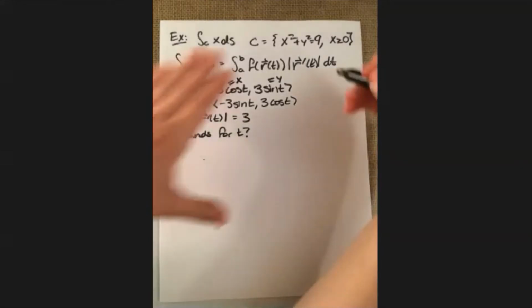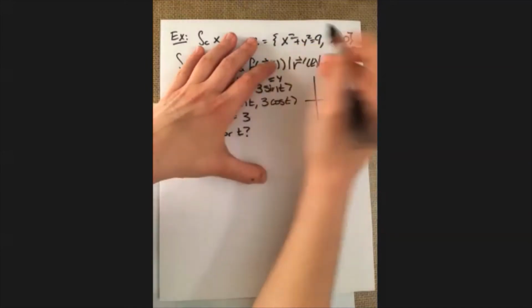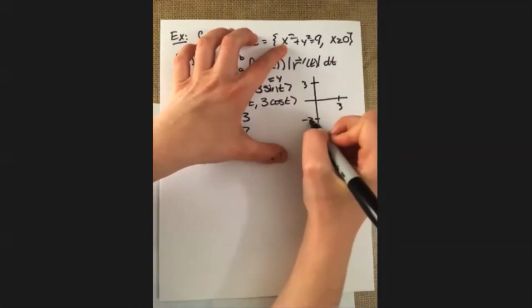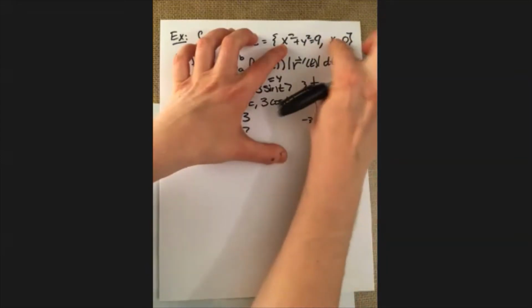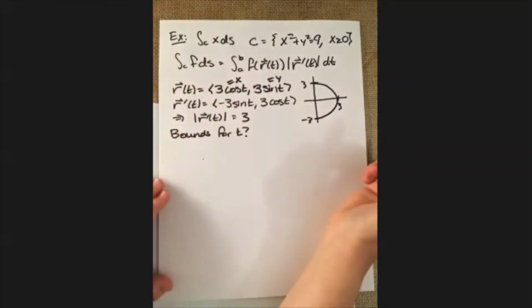To get those, I'm going to sketch my curve to see what we're looking at. This is a circle of radius 3, and we only want the right side of it because we want x to be positive. It's going to look something kind of like that.